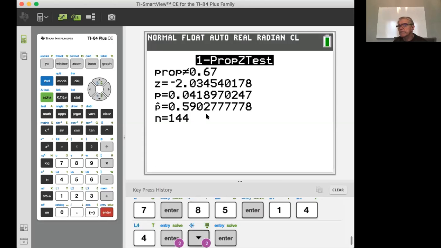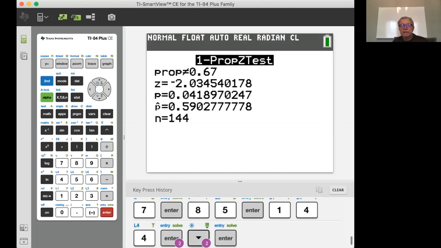So we had to find X using p hat times n and then rounding it. So this is slightly different because what we put into this one prop Z test was a rounded value for X. That's what made this different. And again, same here, the p-value, 0.0419. That's not quite the same as what we had when we did this by hand, because again, we used a rounded value for X.